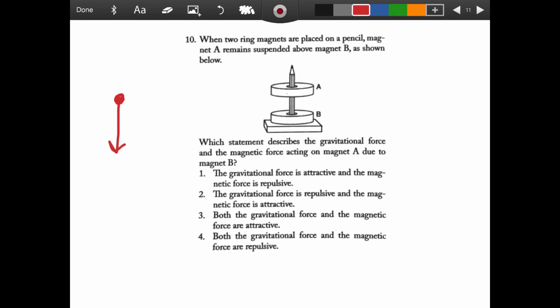So that's going to be pointing downwards in this case when we're focused on magnet A. And since it is hovering, we know that this has to be repulsion. So the magnetic force is what is causing it to be pushed upwards. And since it's hovering, those are equal to each other since it's stationary. And like I said, gravitational force is always attractive, and the magnet is repulsive. Therefore, choice 1 is the answer.